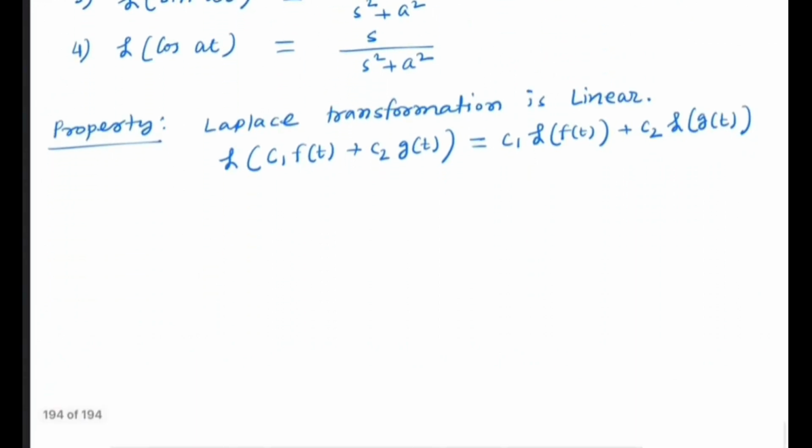Okay, so the proof is very easy. The left hand side is nothing but the integral from 0 to infinity of e power minus st times (C1 f(t) plus C2 g(t)) dt.